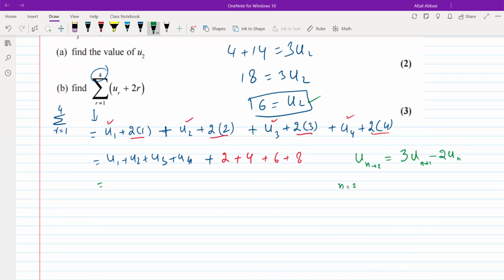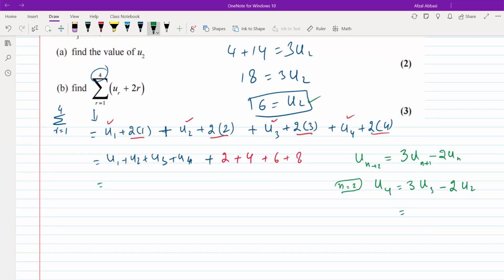So if n is 2, I will get 2 plus 2, 4. u4 will be equal to 3 times u. Remember, we are taking n equals 2. So 2 plus 1, 3. Minus 2, again, n means u2.